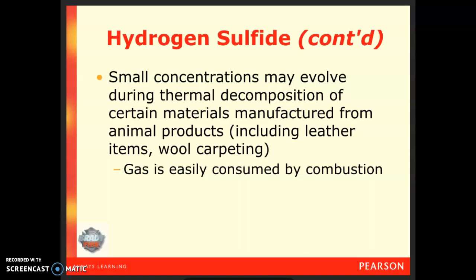So, under normal circumstances, it's okay to wear a leather belt. It's okay to wear woolen materials or to have wool carpeting in your home. But in the event that there is a fire or that the temperature becomes significantly increased, then we could see possible issues with the production of hydrogen sulfide gas as those substances decompose.